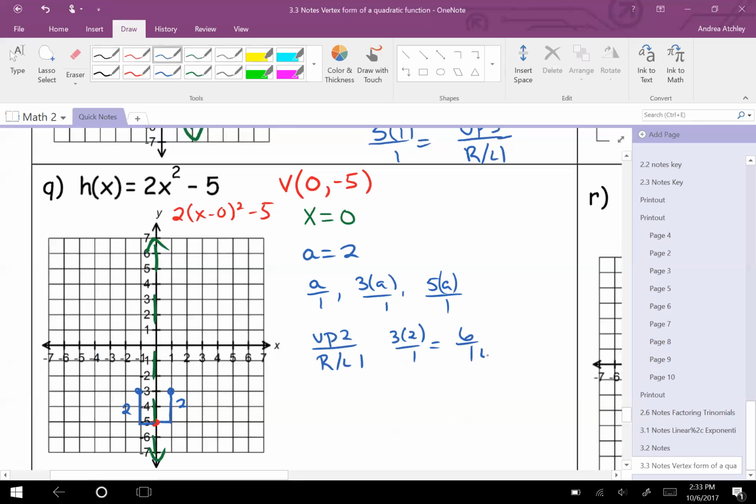So I'm going to go right and left 1, and then up 6. So to the right 1 and up 1, 2, 3, 4, 5, 6. So left 1 and up 1, 2, 3, 4, 5, 6. And this is my beautiful, oh, I missed it. Try that again. This is my parabola. Any questions over that?